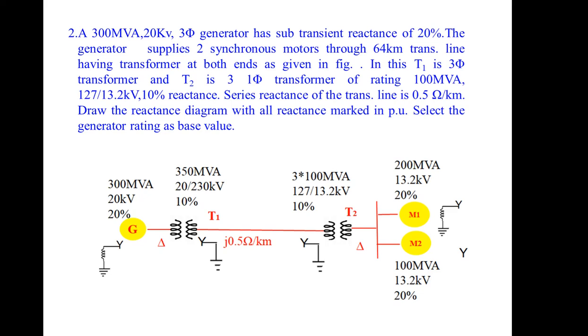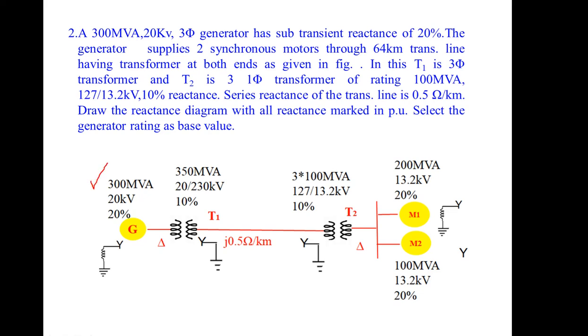Next, using the single line diagram we have to find the per unit reactances and also draw the reactance diagram. The question is given as a single line diagram with the generator, transformer 1, transformer 2 and the transmission line, with their MVA values.